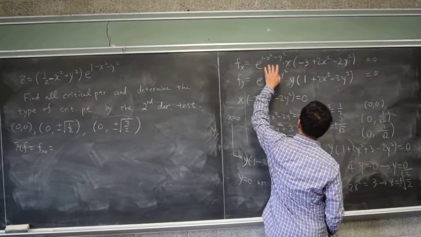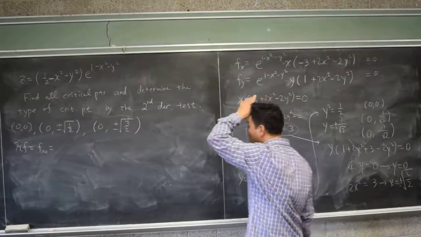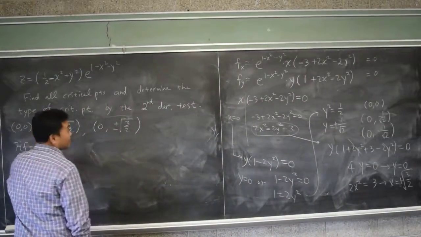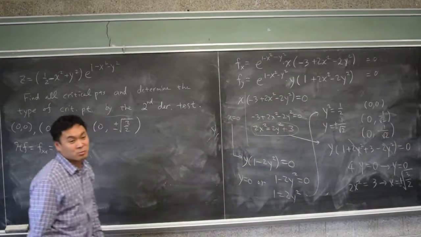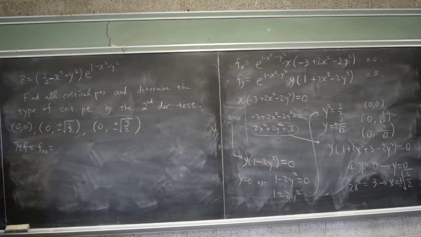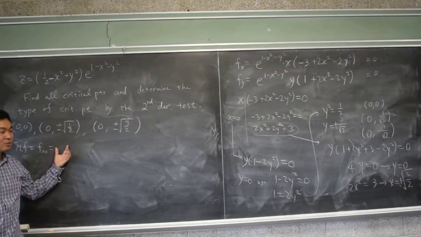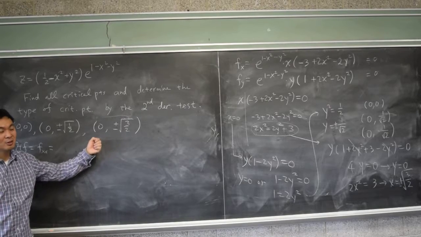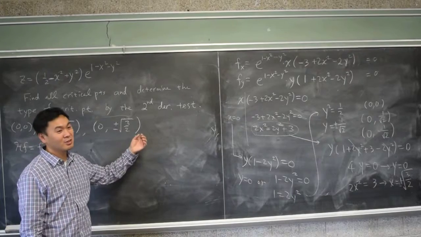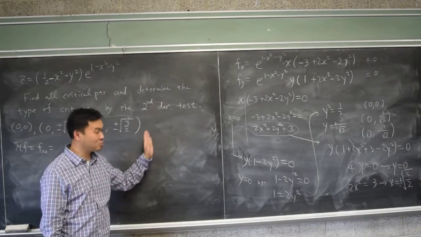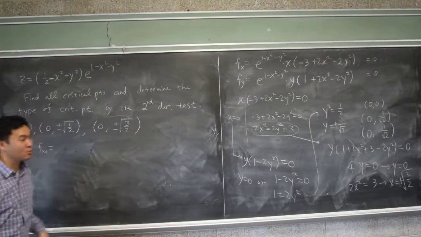And this time it's a function of 3 functions. It's made up of a product of 3 functions. So I have to use the product rule for 3 functions. Do you know the product rule for 3 functions? Differentiate the first times the second and third, plus first times the derivative of the second times the third, and then the last one is plus the first and second unchanged, and the last one is differentiated. So we're going to use that.